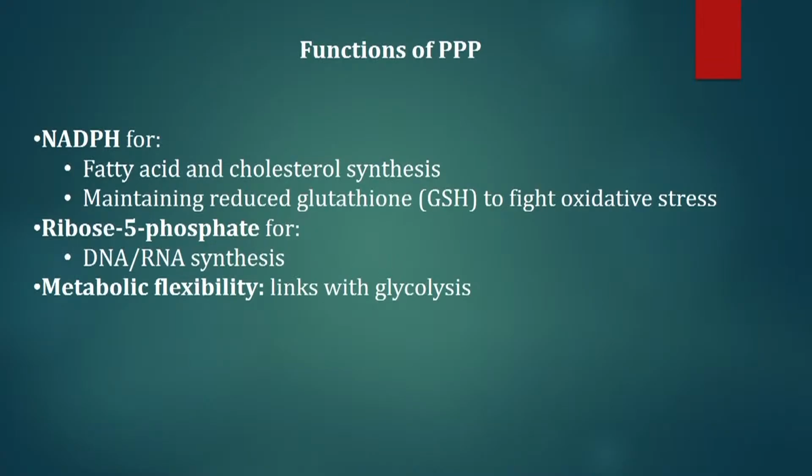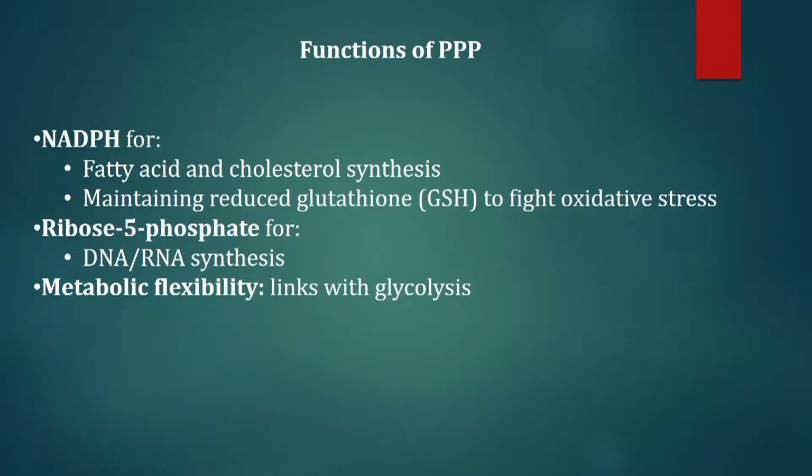The second important function of this pathway is the production of ribose 5 phosphate, because it forms the nucleic acid, the DNA and RNA synthesis, right? And the metabolic flexibility, right? Why metabolic flexibility? Because this pathway links with glycolysis. How is it linked with glycolysis?